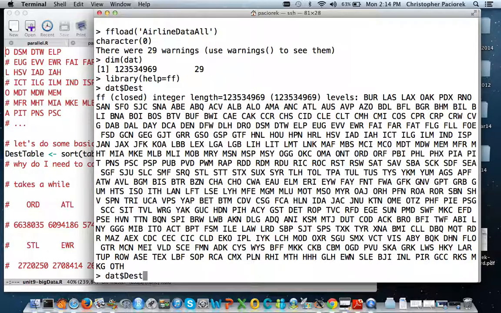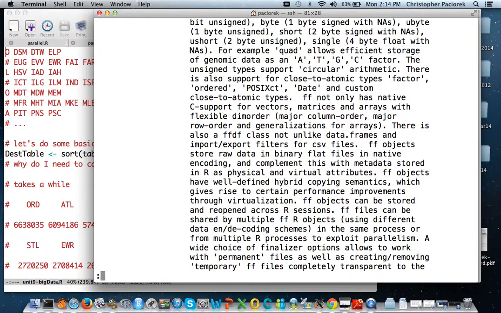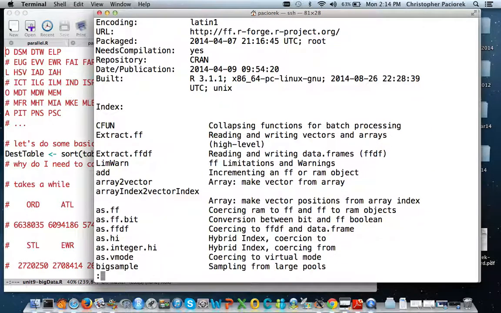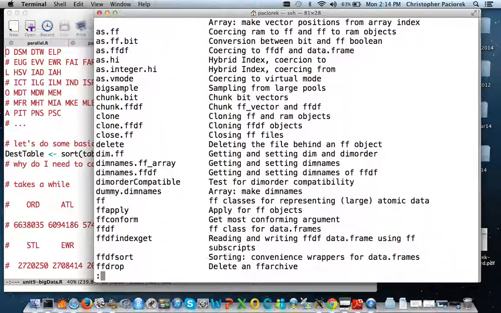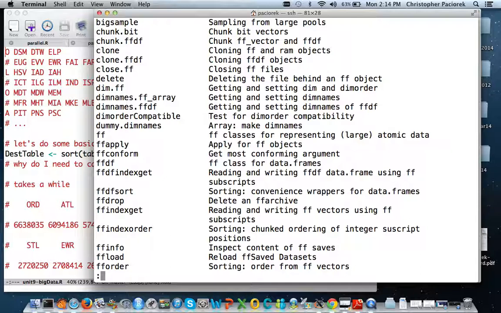So if we, for example, get the help information on the ff package, what it will show us, if we scroll down far enough, is a whole bunch of specialized functions having to do with ff that involve the sorts of things that you might want to do with a data frame, like apply and sort and various other kinds of things, order. But there are these special ff functions for doing that.